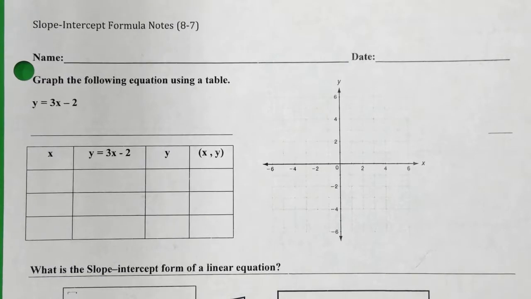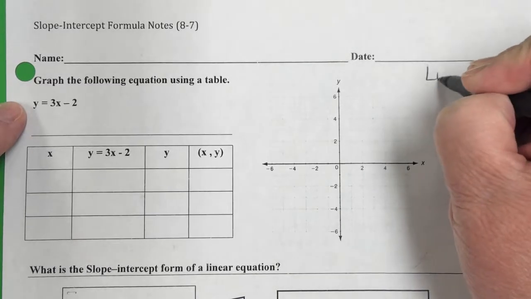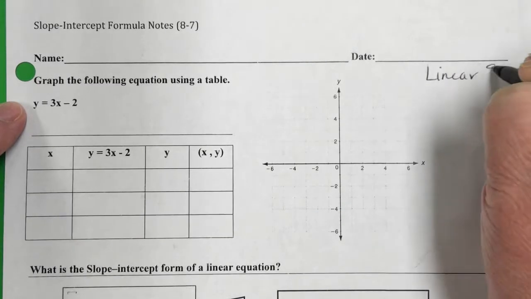Alright, we're going to be working with slope-intercept form. This is pre-algebra notes for February 1st. This is called a linear equation because it will form a line.